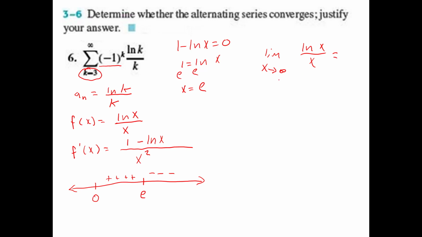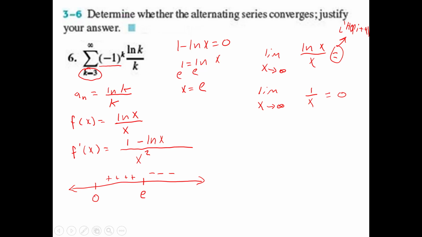Both the numerator and denominator increase without bound, so we can exchange this for the limit as x goes off to infinity of 1 over x, because the derivative of the natural log of x is 1 over x, and the derivative of x is 1, so no need to write it over 1. And this is by L'Hopital. But the limit as x goes off to infinity of 1 over x is 0. So we've shown both things.